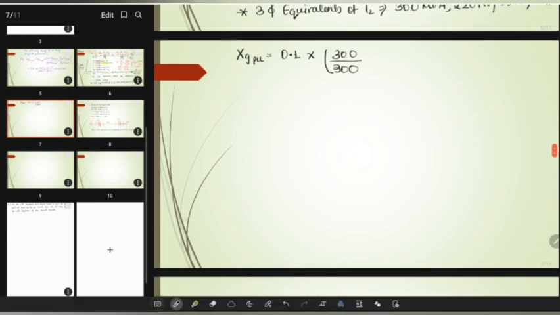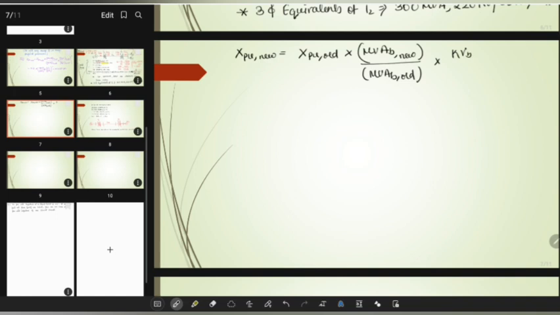Or I write the formula first, wait. X per unit new value will be equal to X per unit old value into MVA base new value divided by MVA base old value into kV base old value divided by kV base new value.